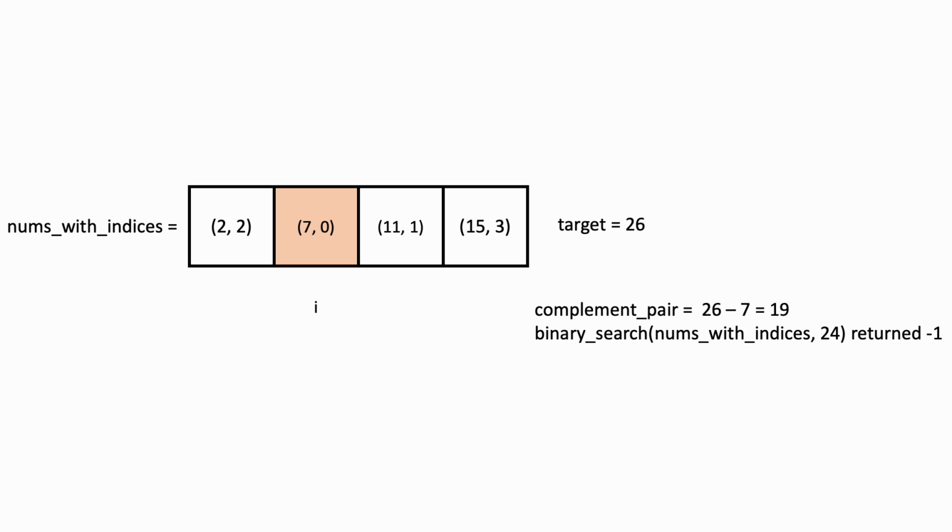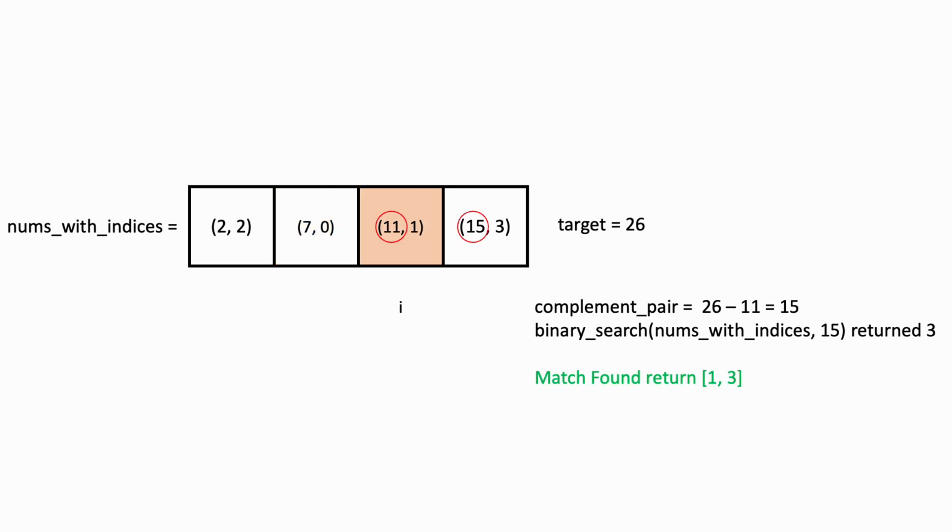Now we'll try to find the complement pair of 7, which is 26 minus 7, 19, in the rest of the nums array. Since 19 is not present, binary search will return minus 1. We will increment the ith pointer. i will point at 11, 1. We'll try to find the complement pair of 11, which is 26 minus 11, 15, in the rest of the nums array. This time binary search will return 3 since we have found our complement pair of 11. So we will return the indices of 11 and 15, which is 1, 3.